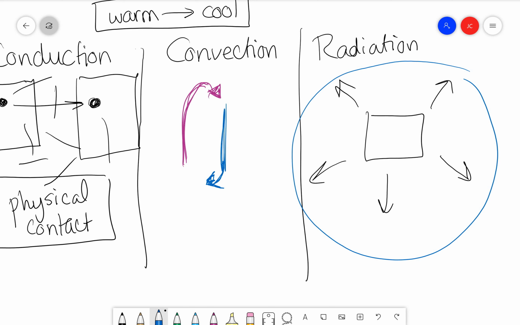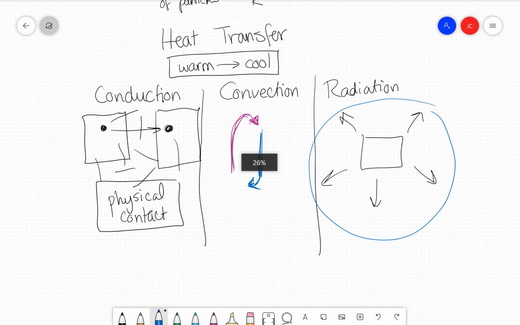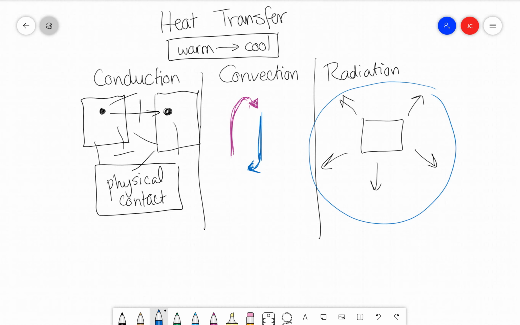The sun is one of the biggest examples of radiation, and we harness the sun's energy in solar panels, that thermal energy that the sun releases. In fact, without the radiation from the sun, Earth would be dead and cold, because the sun's thermal energy that it transfers to the Earth is really how we live.